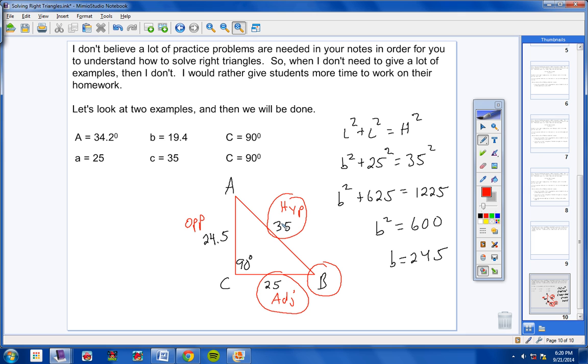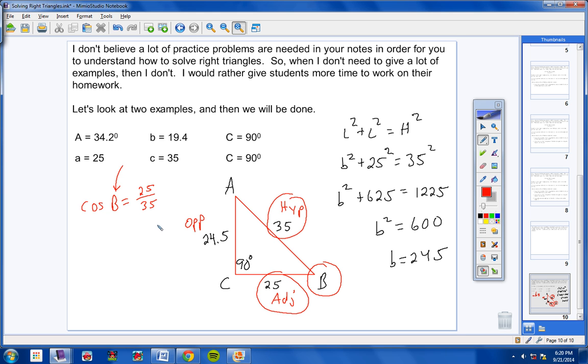Whole numbers are better than decimals, all right? So I'm going to use hypotenuse and adjacent. Now, which trig function uses hypotenuse and adjacent? Well, cosine does. So cosine of angle B, that's the angle I'm looking for, equals adjacent over hypotenuse.